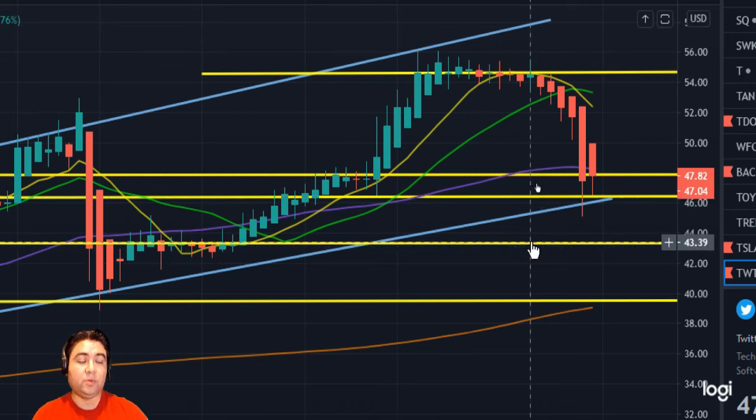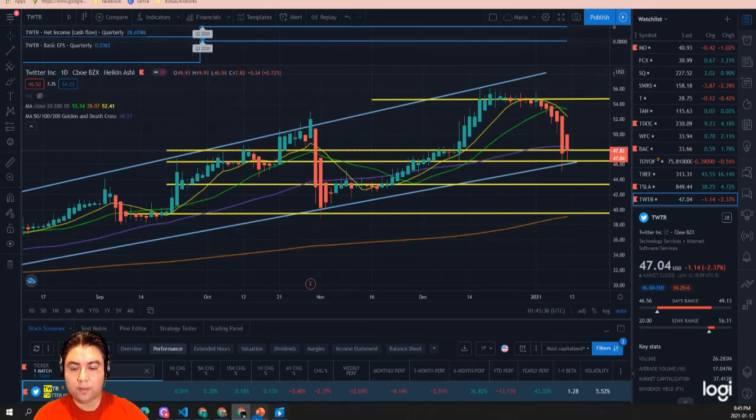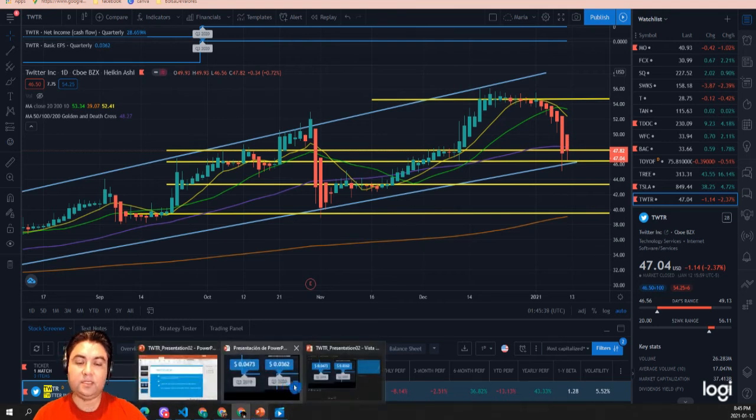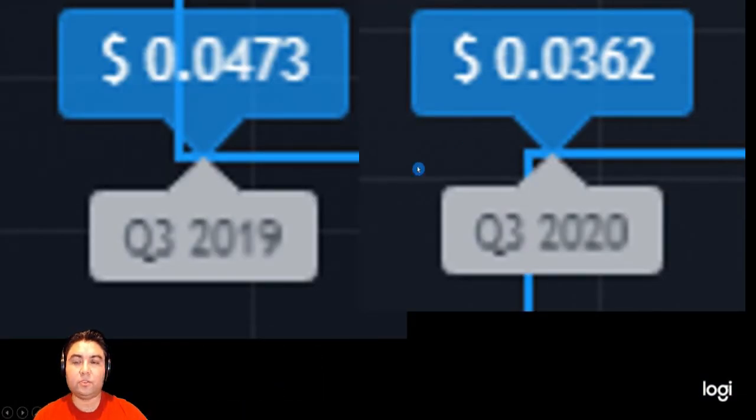The next one it could go to is $46.35. The next one will be $43.39. And finally, hopefully, if I want to play it, I would prefer to play with the 39.54.